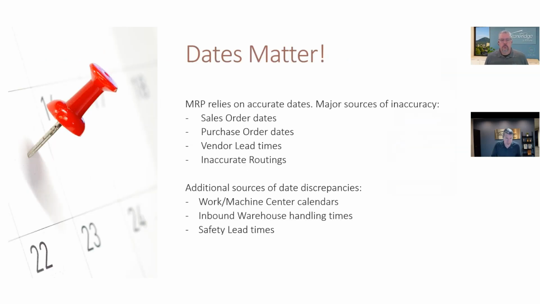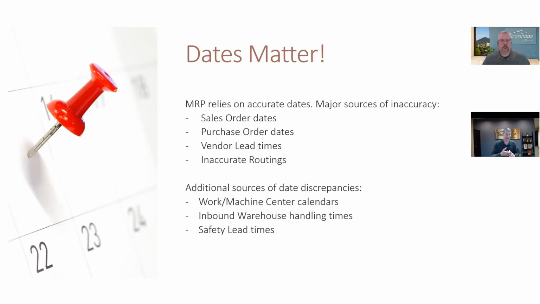So then the next thing to understand is when you start working in a world of MRP, dates begin to matter a lot. Your customer service team can't enter a sales order with a due date of today. That's not realistic because MRP is always going to try to balance supply and demand and match those two things. So we need accurate dates.